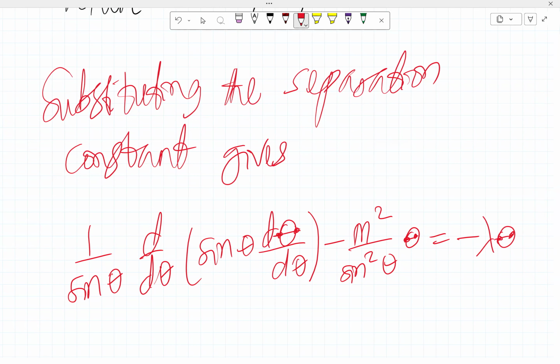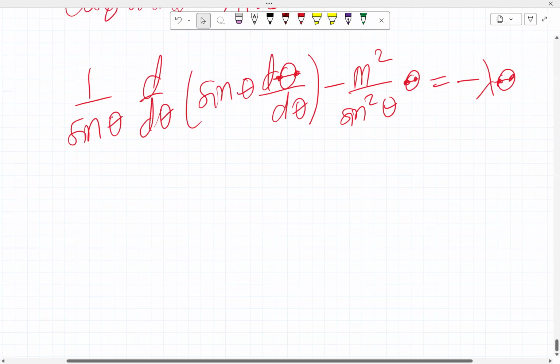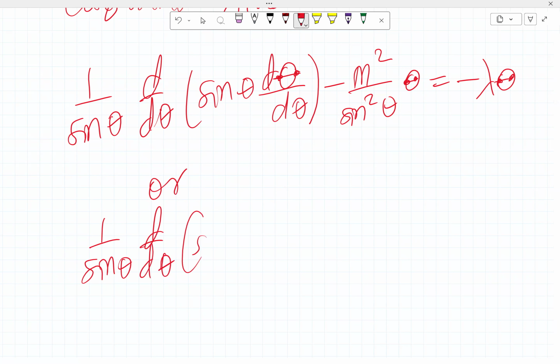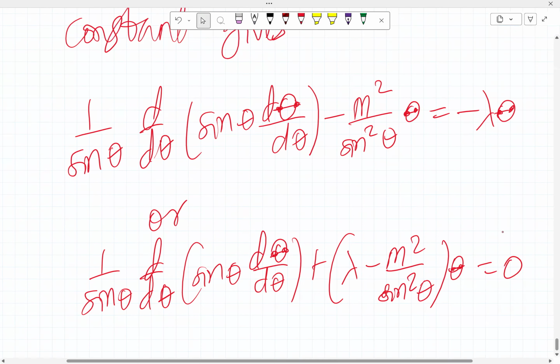So that becomes 1 over sine theta d by d theta of sine theta d big theta over d theta, plus lambda minus m squared over sine squared theta, big theta, equals 0. Okay, tidying all of that up.